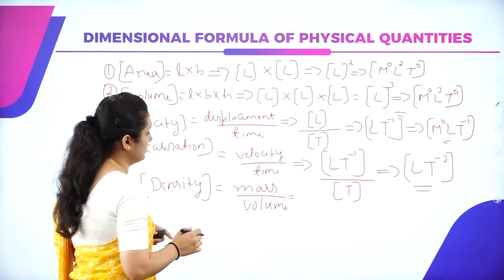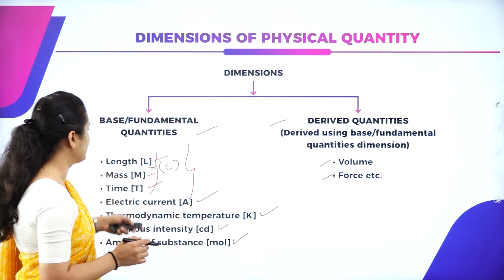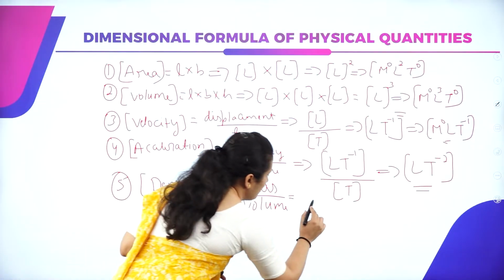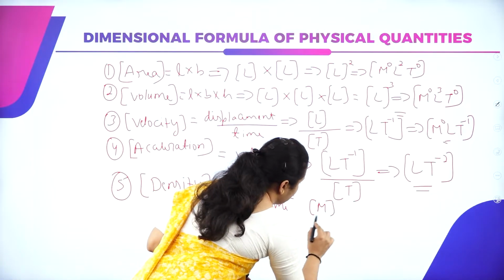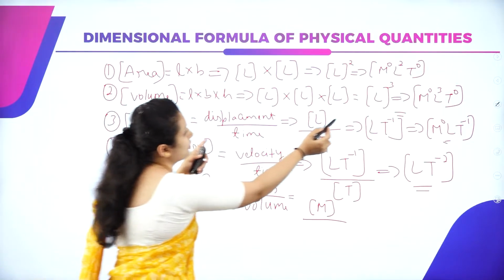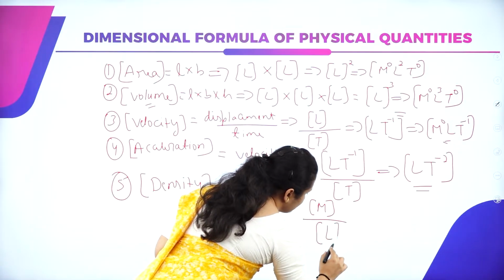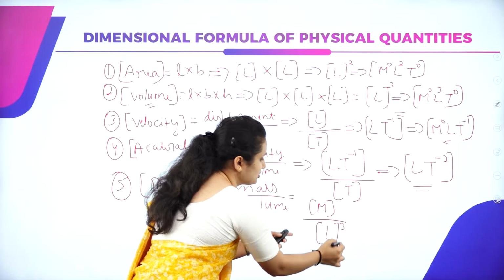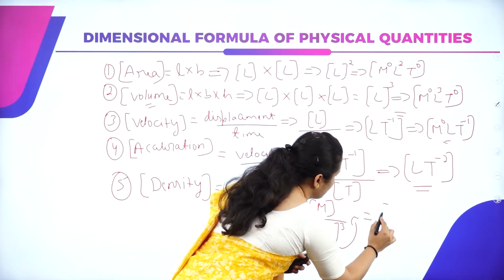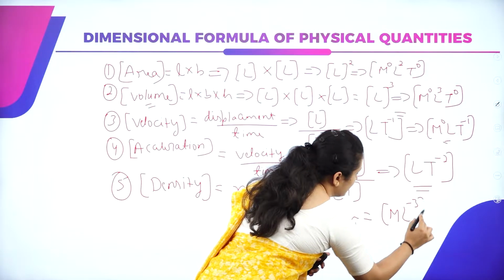What is mass here? Mass is represented by capital M with square bracket. So mass is M divided by volume. You have calculated volume: L to the power 3. When the denominator goes to the numerator, you get M L to the power minus 3.